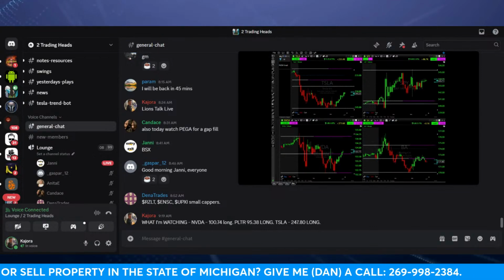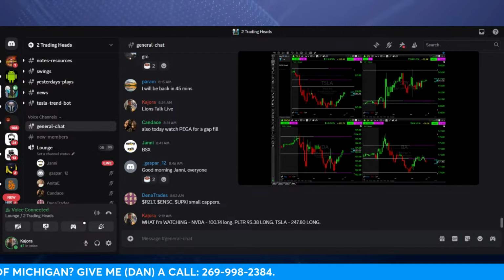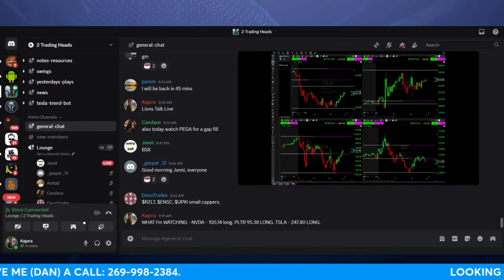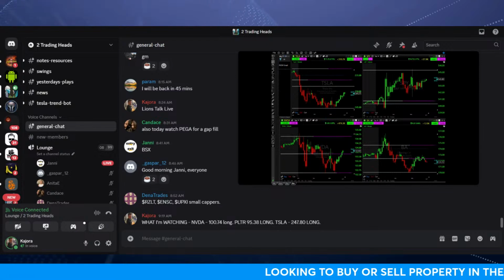All right, Tesla, you're now back to the 250 area. The 50% daily retracement is just 20 cents under 250. So keep in mind, you could get a little bit of a pullback here.